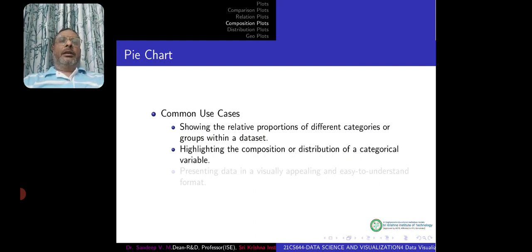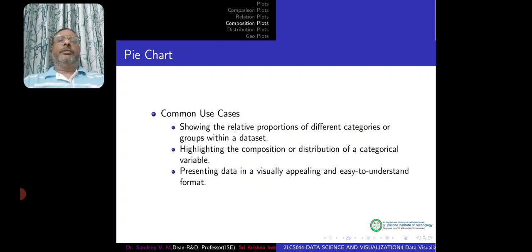Or we can highlight the composition or distribution of the categorical variable using the pie chart. So it is useful in presenting the data in a visually appealing and easy to understand format.